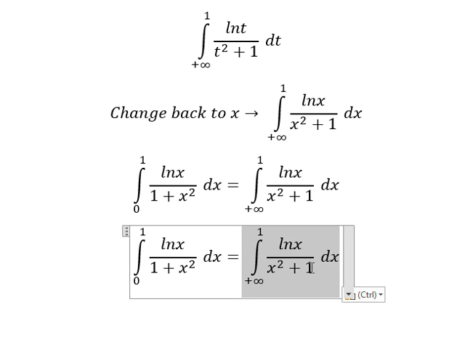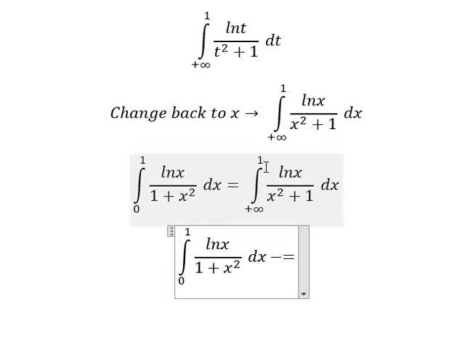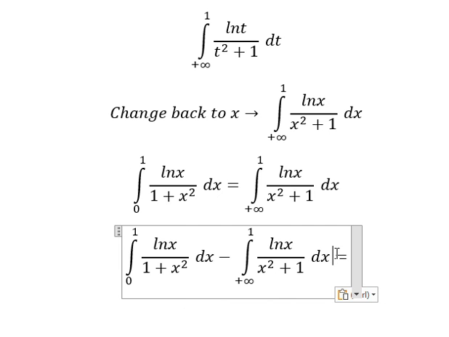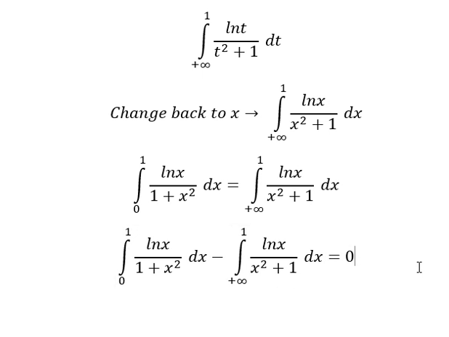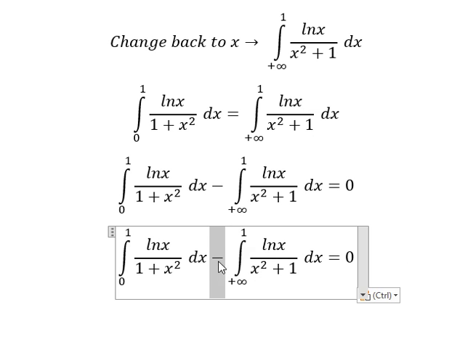Now I will put this one to the left, and then we have the negative sign in here. Since we have the negative, we can swap the top and the bottom bounds.